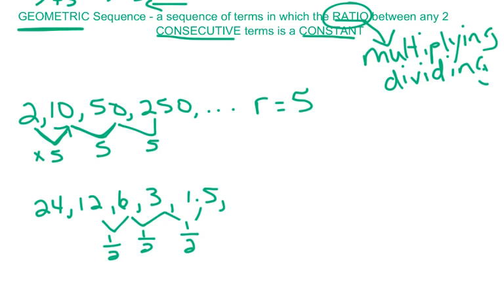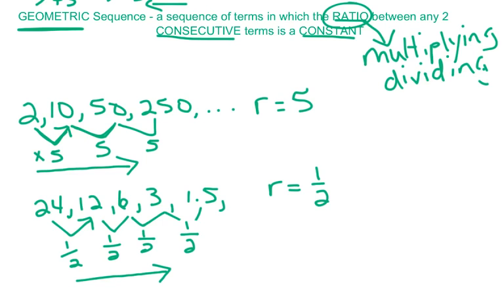So from 24 to 12, I need to multiply by 1/2. R equals 1/2. So what to look for here is if our numbers are getting bigger, we're multiplying by a whole number. If our numbers are getting smaller, we're multiplying by a fraction. Okay, so that's a little hint there. All right, so those are our two types of sequences.